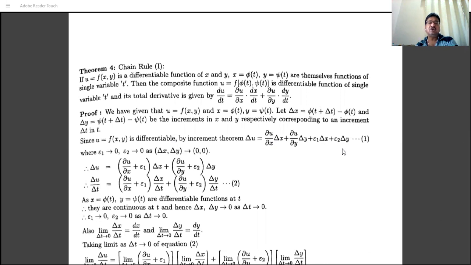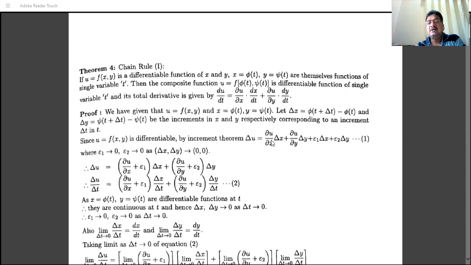So what is the definition of a differentiable function? The function f of xy is called a differentiable function if delta f, which means delta u, since f and u are both the same, is equal to what? The notation for h is delta x, and the notation for k is delta y.